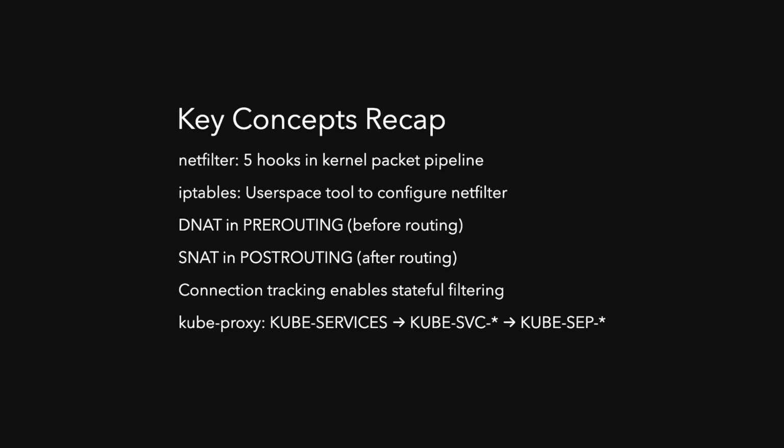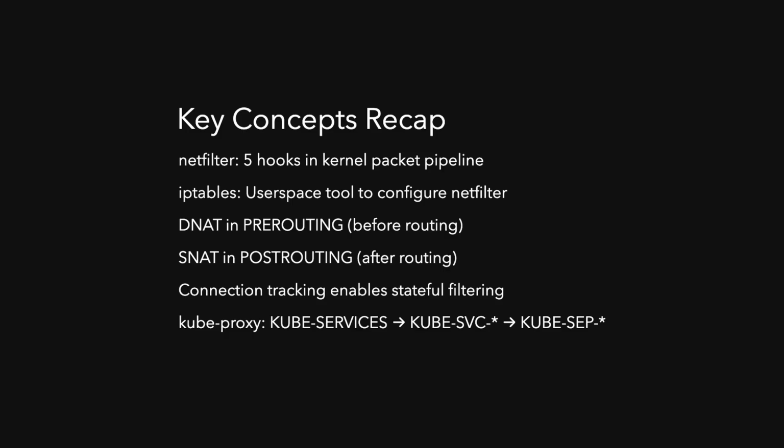This is how Service ClusterIPs get translated to Pod IPs. SNAT happens in POSTROUTING, after routing, changing source IPs. This is how containers masquerade behind the host IP. Kube-proxy in iptables mode creates different chains: KUBE-SERVICES, the entry point, KUBE-SVC, per service, and KUBE-SEP per endpoint with DNAT.